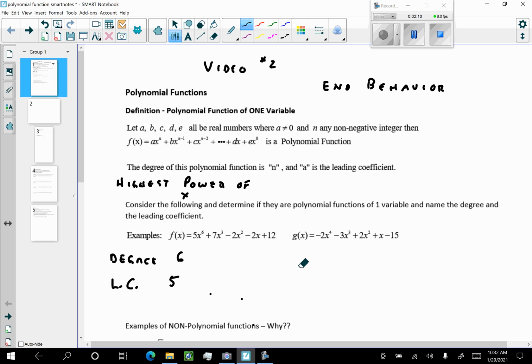And we look at g of x over here, and the degree of g of x is 4, and the leading coefficient is -2. This is a review, but very important nonetheless. To talk about end behavior, I have to be able to recognize the degree and the leading coefficient.